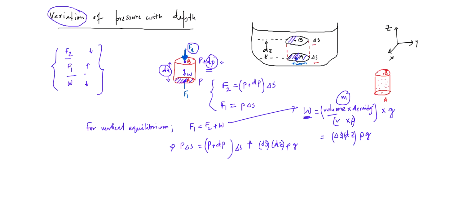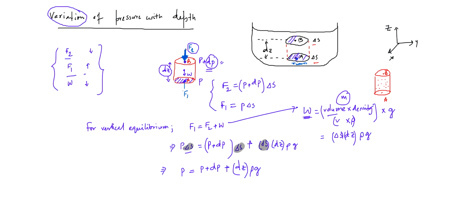So this is very obvious. As you can see, this delta S is common everywhere. Here is some delta S, here is some delta S, and here is a delta S. So delta S will be cancelled out. So P is equal to P plus dP plus rho g dz, right?